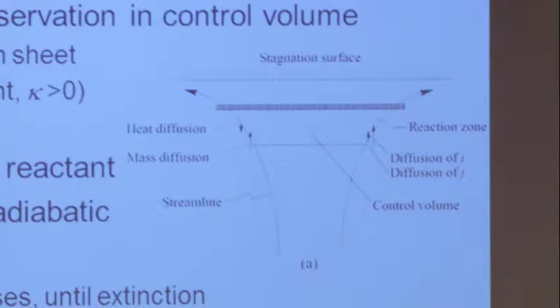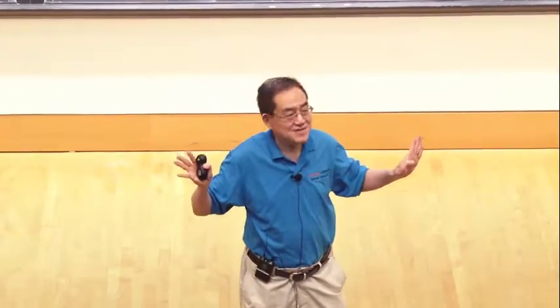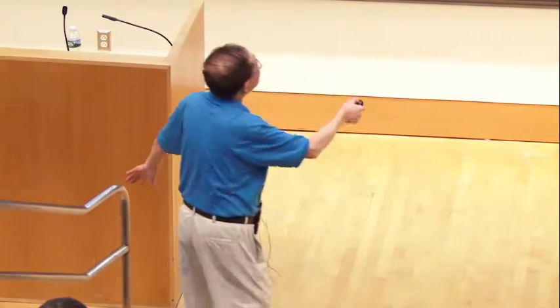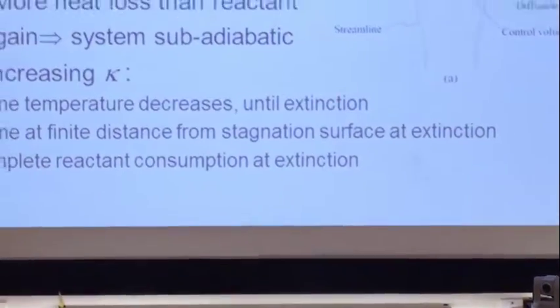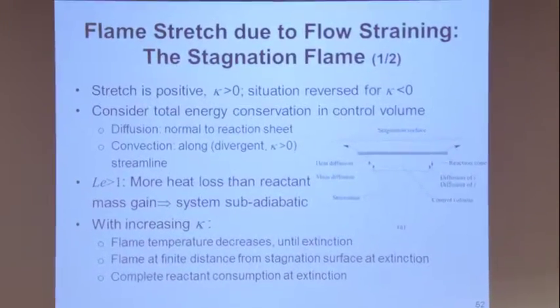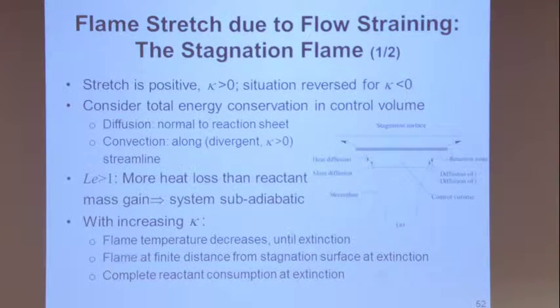If Lewis number is 1, we come back to our friend the Lewis number. If Lewis number is 1, then they are of equal rate. Energy conservation. However, if they are not of equal rate, for example, if Lewis number is bigger than 1, if thermal diffusion is faster than mass diffusion, then this control volume is losing energy if I stretch it.